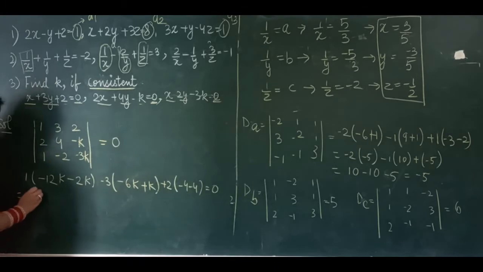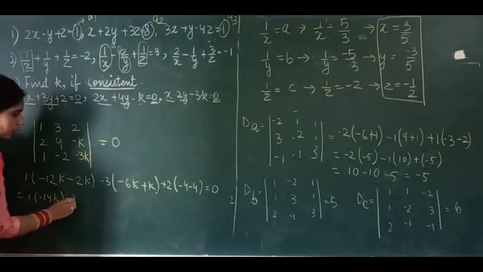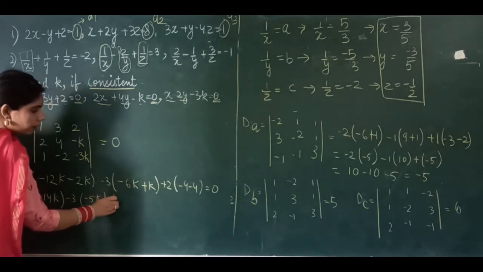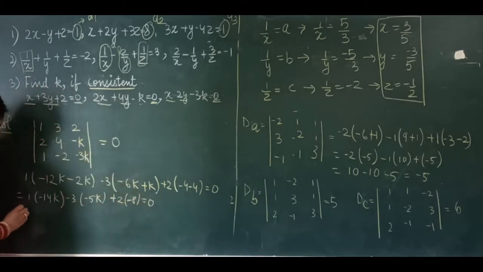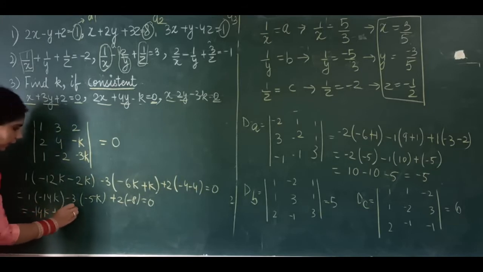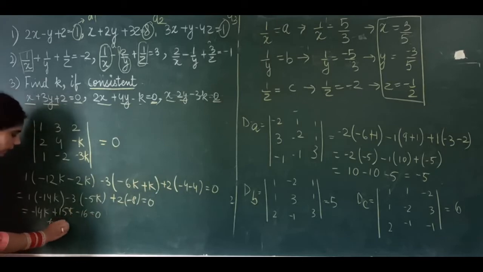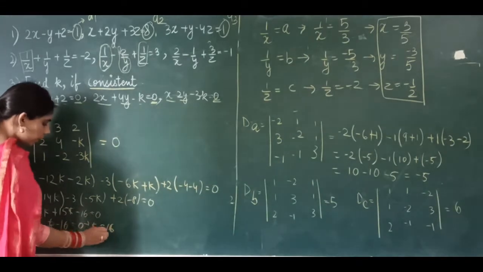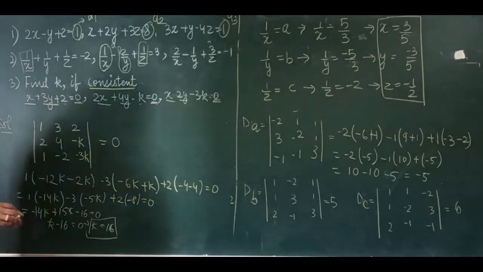So this comes out to be minus 14k minus 3 minus 5k plus 2 into minus 8 is equal to 0. So this will be minus 14k plus 15k minus 16 is equal to 0. So k minus 16 is equal to 0. So the value of k will be 16. So these were some of the examples related to Cramer's rule.